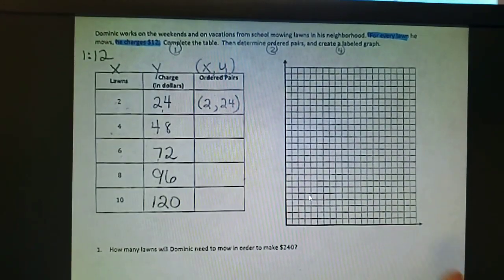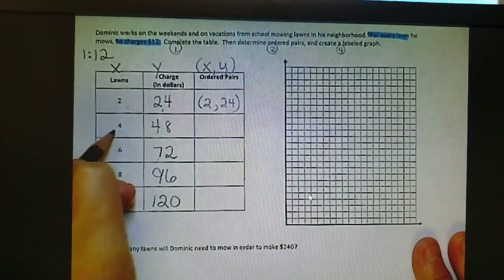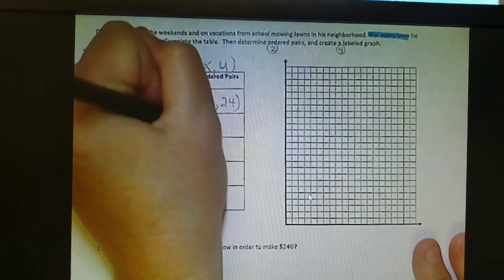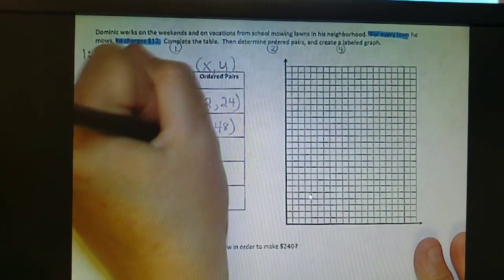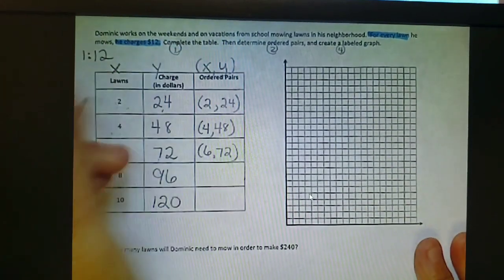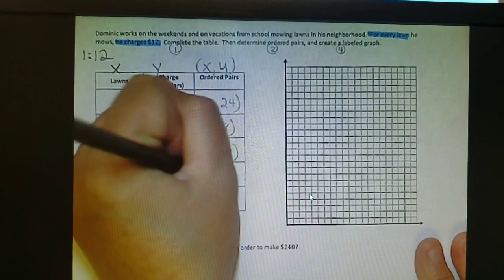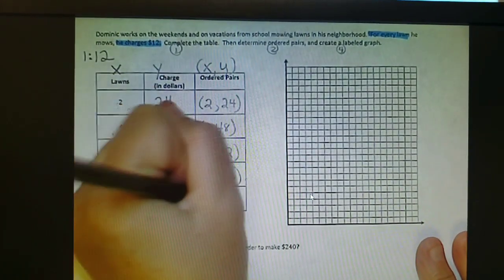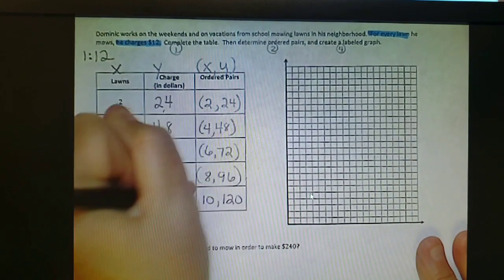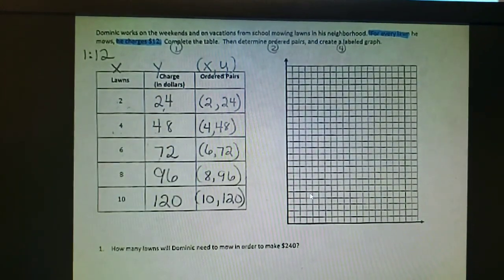I need to see it nice and clear, and I need the parentheses. This one would be (4, 48). This one is (6, 72), and so on. If you don't put that comma in there, you've got some really funky numbers going on. So there's our ordered pairs.